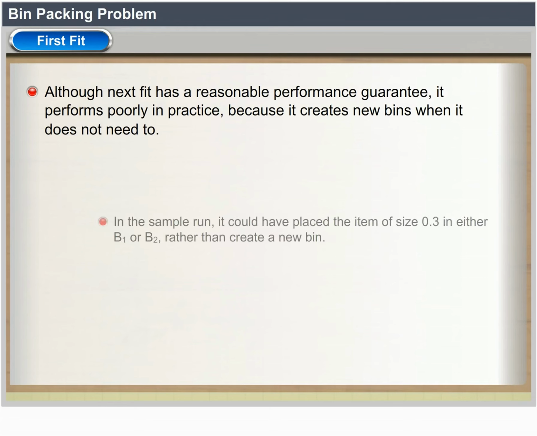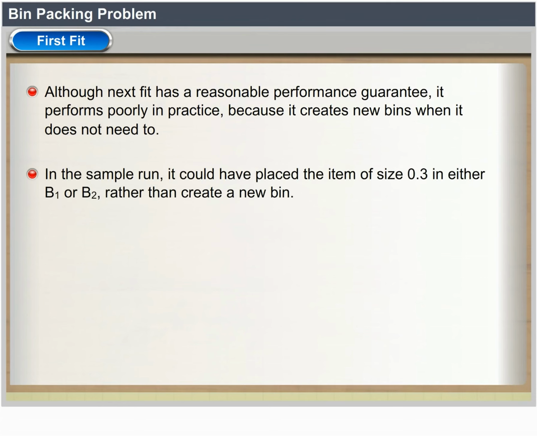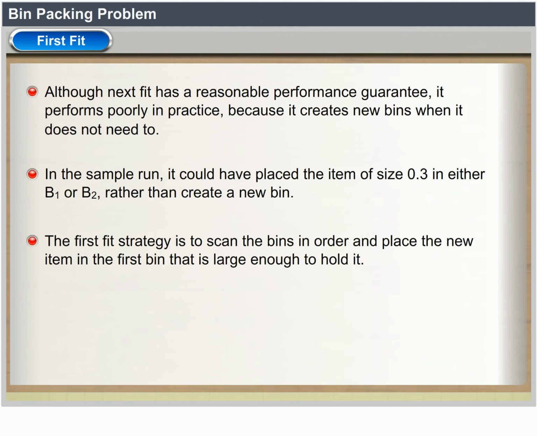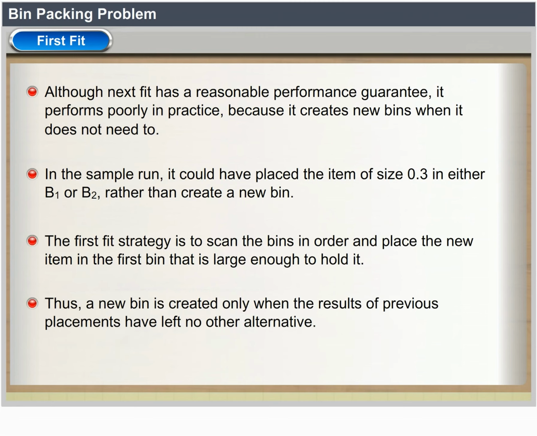In the sample run, it would have placed the item of size 0.3 in either B1 or B2 rather than create a new bin. The first fit strategy is to scan the bins in order and place the new item in the first bin that is large enough to hold it. Thus, a new bin is created only when the results of previous placements have left no other alternative.